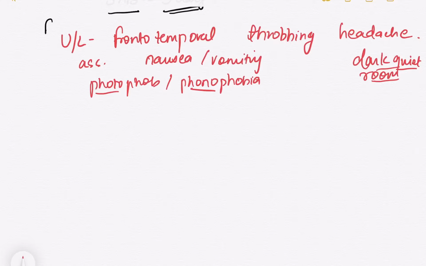There is classically nausea, vomiting, photophobia, phonophobia. The region is frontotemporal and the type of headache is throbbing headache.